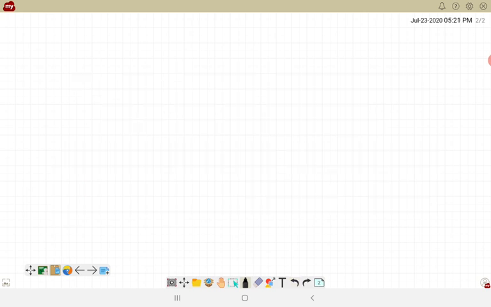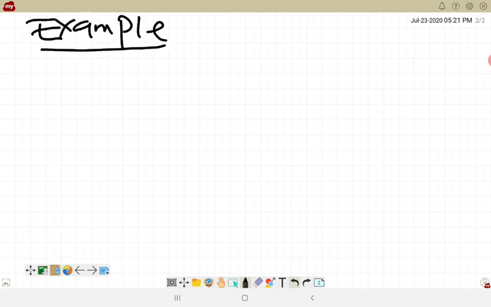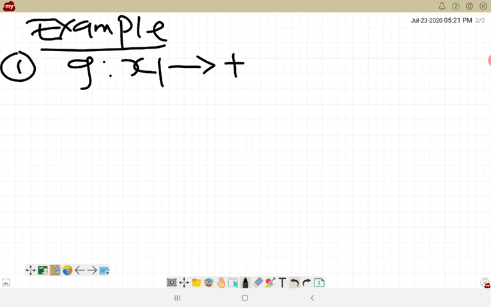Example 1. If g takes x to 1 plus log x base 10, so g is taking x into 1 plus log x base 10. Remember the last time we gave examples of a function and we drew the function matching.